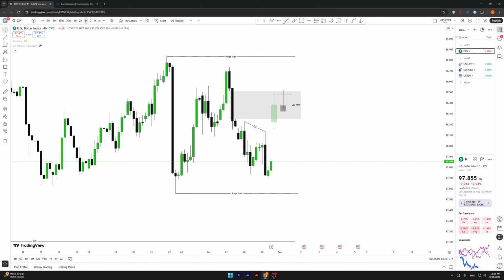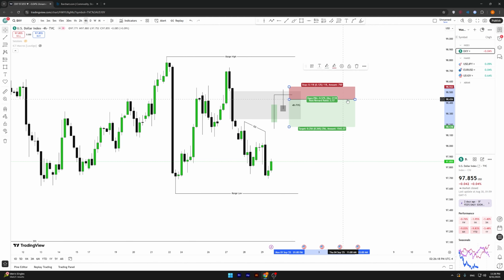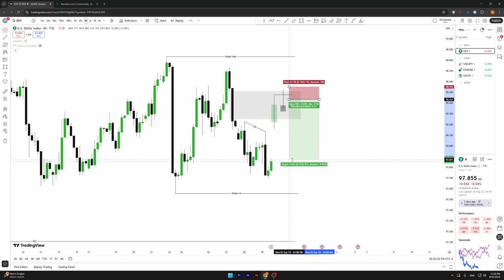Now I will enter at this wick. Most of the time price creates FEG or IFEG in 15 minutes, so I will enter at IFEG. My SL will be above this, and then I will first target this and then later on the lows that price has created.